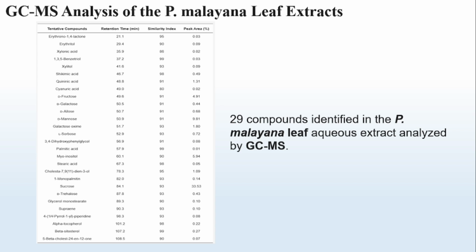This is the list of 29 compounds identified in the aqueous extract of the Psychotria malayana leaf using GCMS, with similarity over 90% in the NIST 14 database, and sugars like sucrose, fructose, and others dominate over 50% of the total peak area. The minor compounds include phytosterol, sugar alcohol, free fatty acid, xylitol, phenolics, and alkaloid.